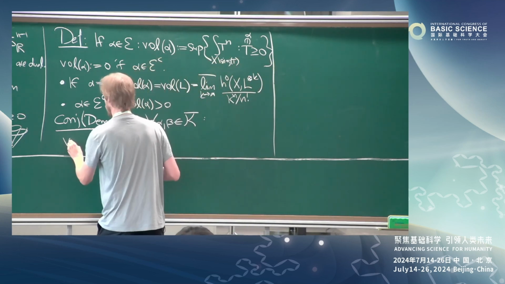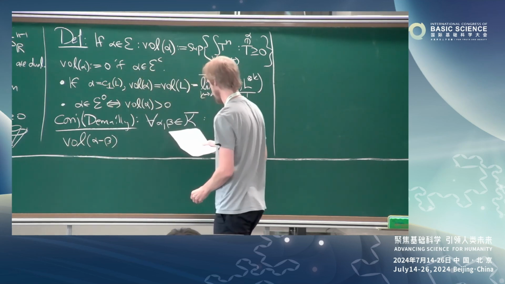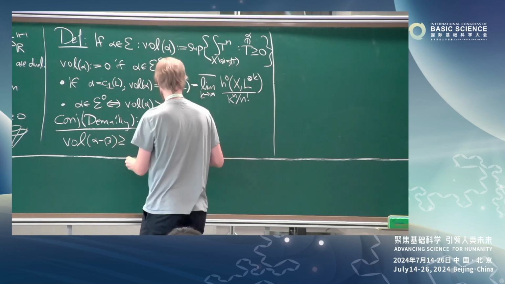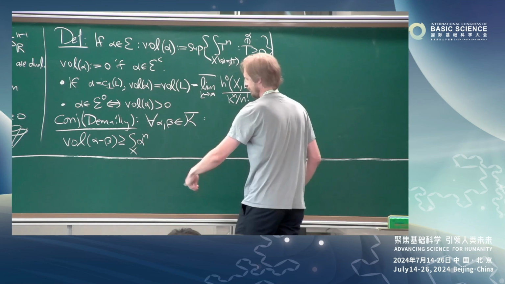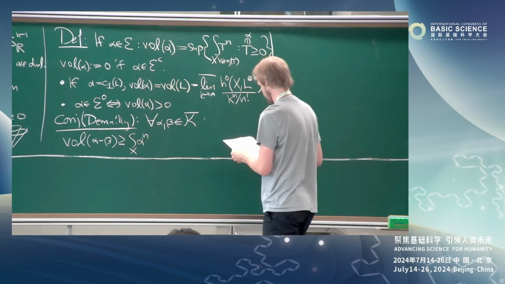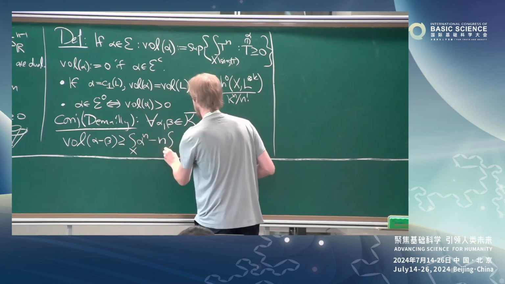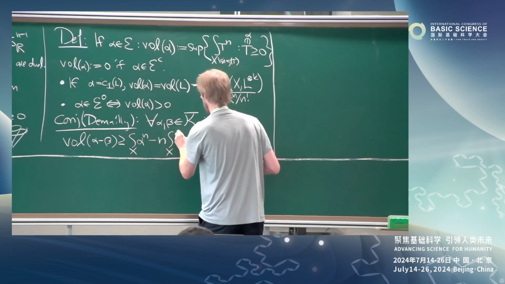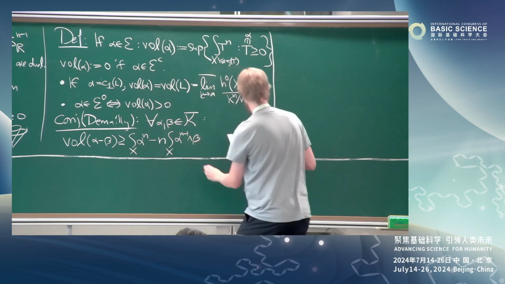The volume of the difference is bigger than or equal to the integral of alpha to the n minus n alpha to the n minus 1 beta.